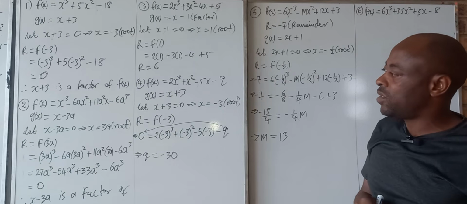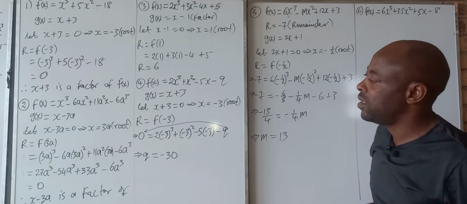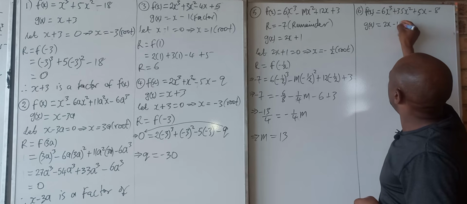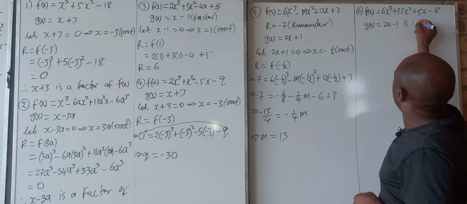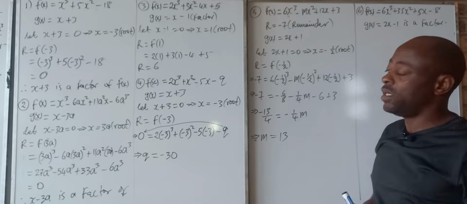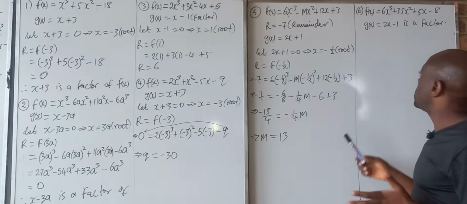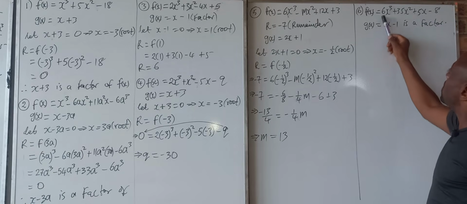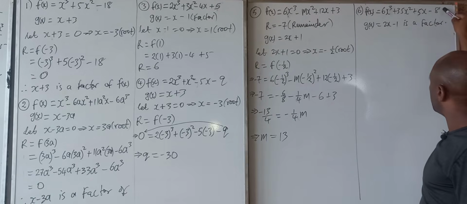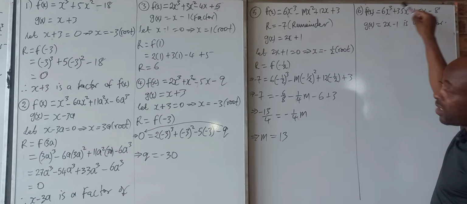So what must be added to that f of x so that 2x minus 1, which I'll call my g, is a factor? If you can interpret that question well, it means as for now, g is not a factor.